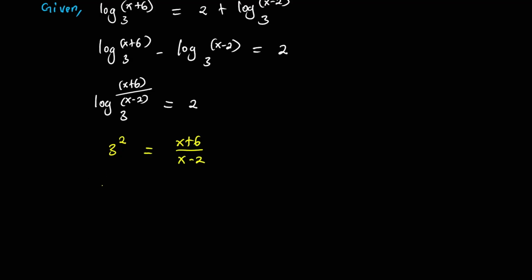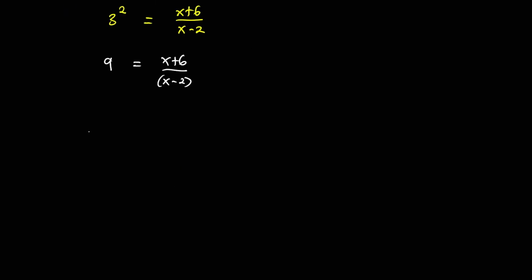But 3 squared is the same as 9. So we will have 9 equals x plus 6 divided by x minus 2. On cross multiplication, we will have 9 into x minus 2 equals x plus 6. This is the same as 9x minus 18 equals x plus 6.